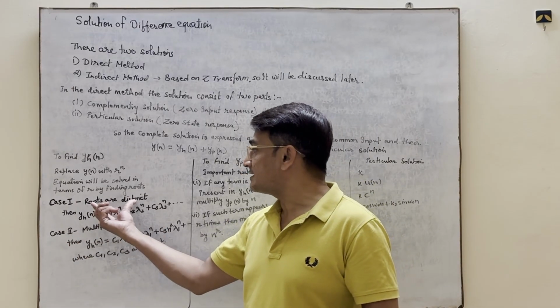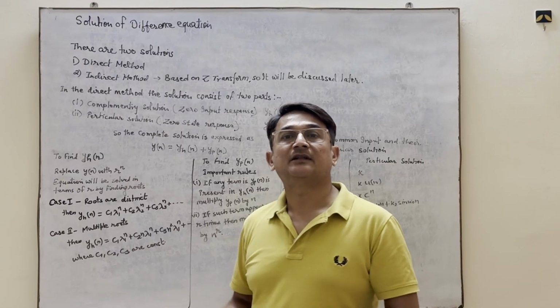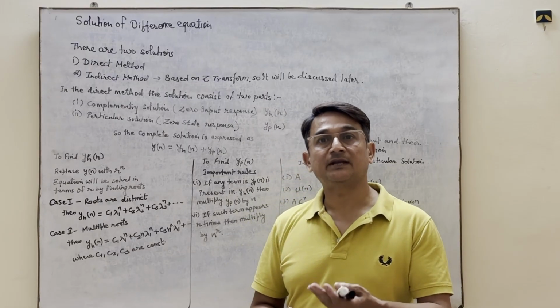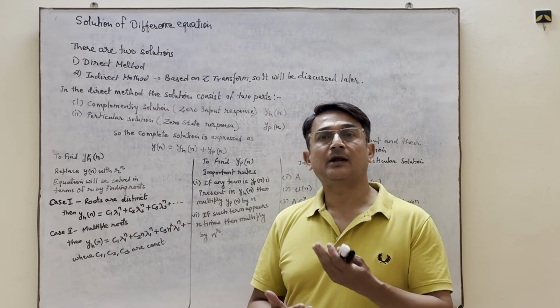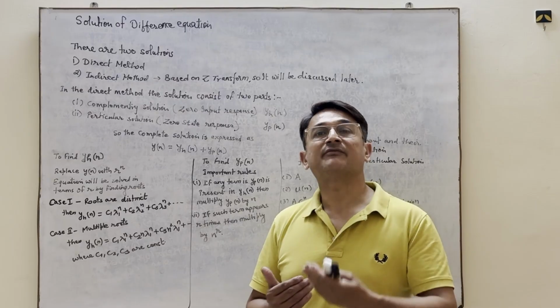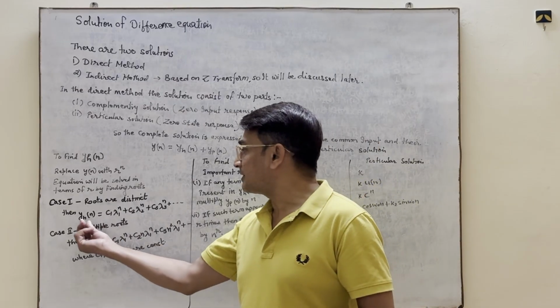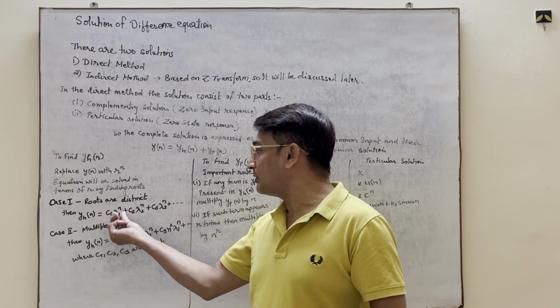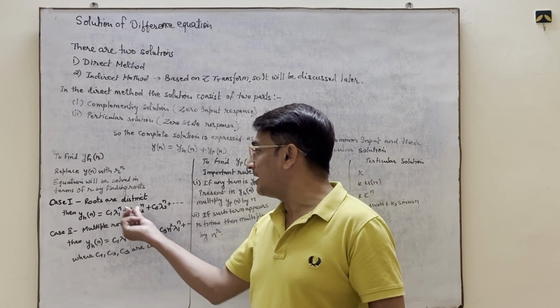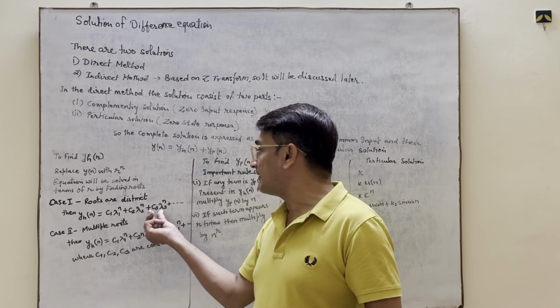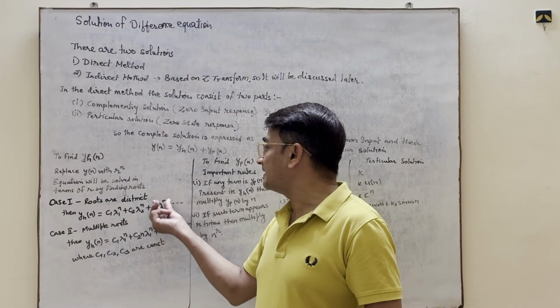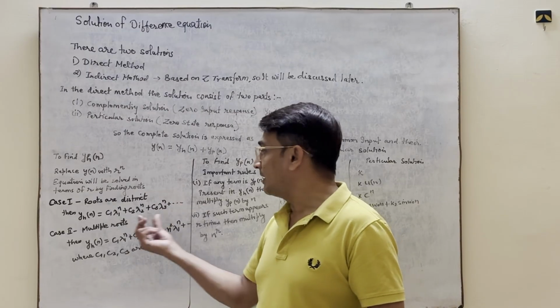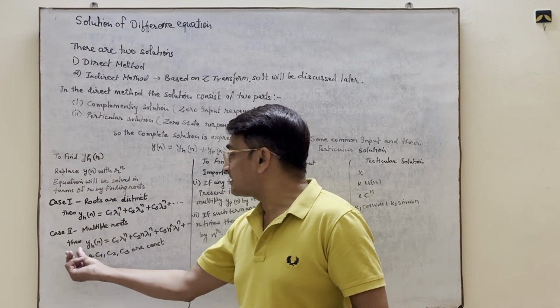First case is roots are distinct. That means suppose you have solved the equation and you find the roots and they are different. Then the solution YHN is equal to C1 lambda 1 to the power n plus C2 lambda 2 to the power n plus C3 lambda 3 to the power n, and so on. Case 2, multiple roots.